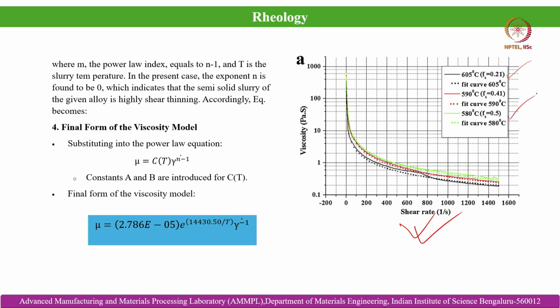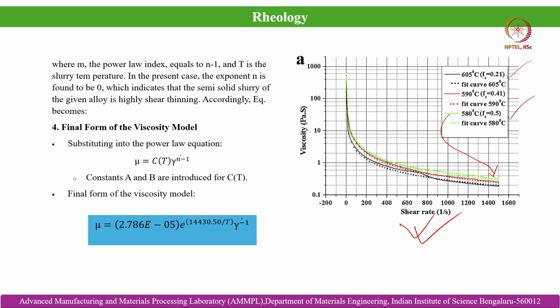That means with decreasing temperature we are increasing the solid content within the solidifying aluminum 7 silicon 0.3 magnesium alloy, and you can see that with increasing solid content the viscosity is increasing. In the case of 580 degree centigrade, the viscosity evolution curve slopes higher than the other two curves, plotted for 605 and 590 degree centigrade, where 605 is the minimum because of the minimum solid content present within the solidifying melt.